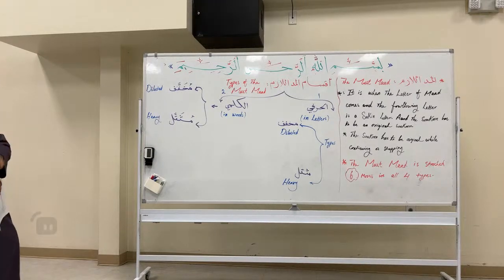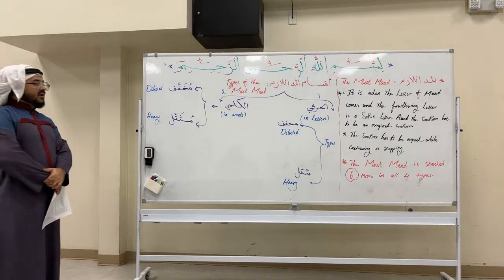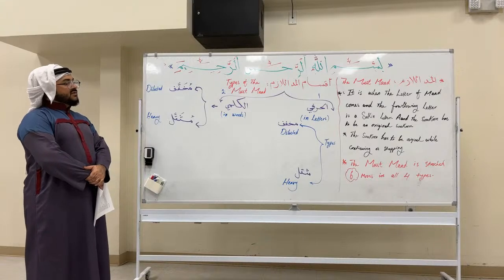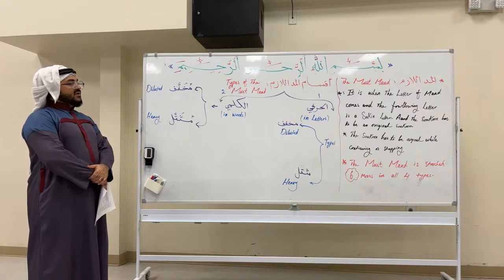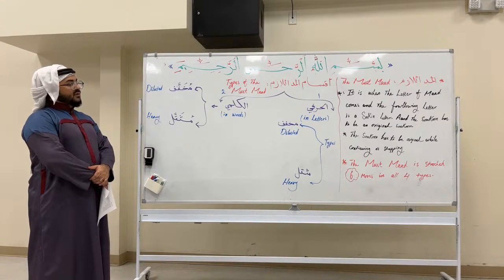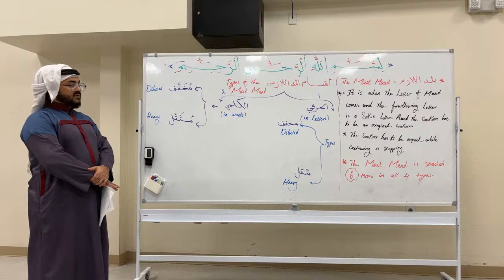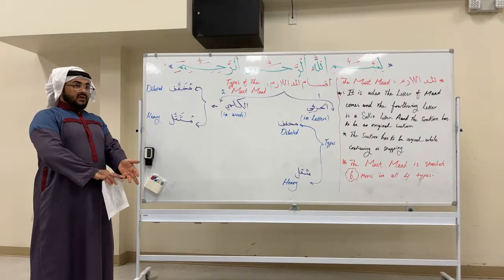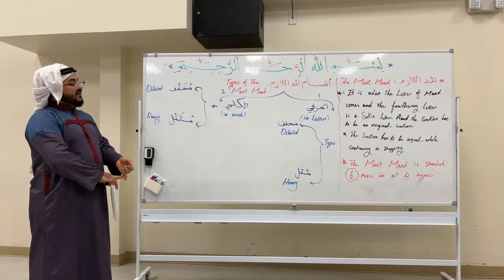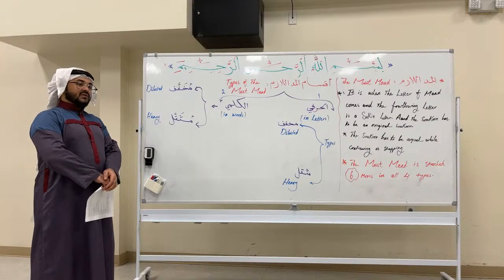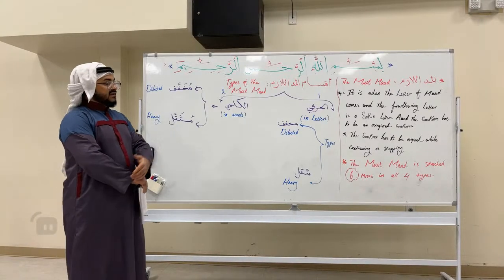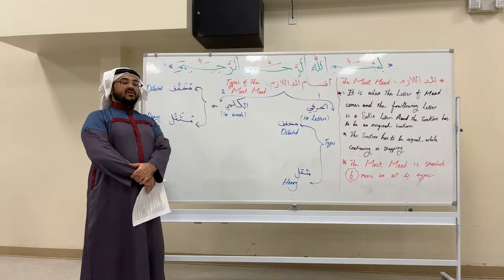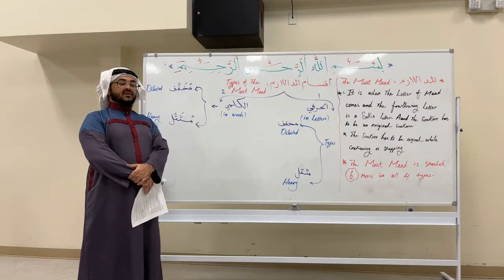That's mad lazim. And if you look at the definition, it is a mad that happens when the letter of mad comes. So the first condition is a letter of mad. And then the letter following the letter of the mad is sakin, and this sukoon is an original sukoon, sakin asli.